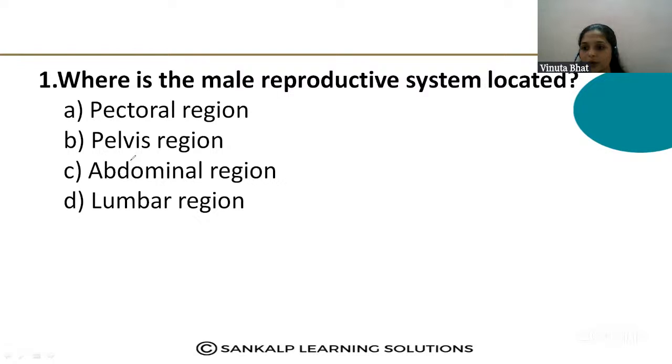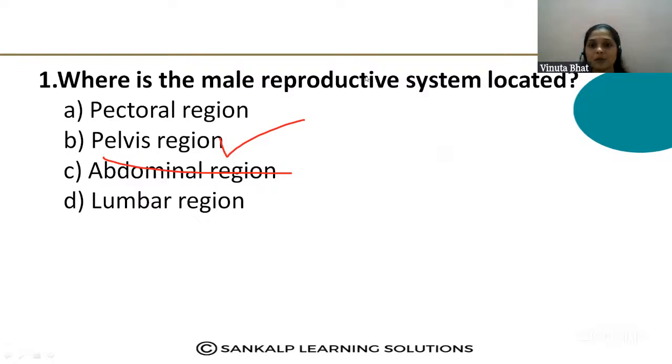Where is it located? Option B, Brunda. Yes, correct. That is located in the pelvis region, right? Option B is the correct answer. Then let us move to the next question.